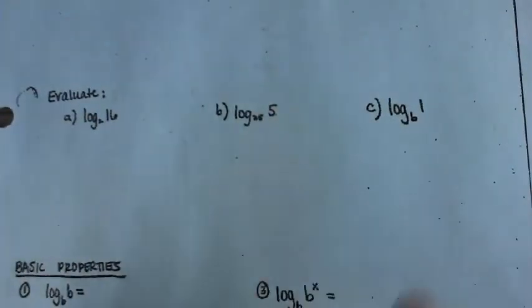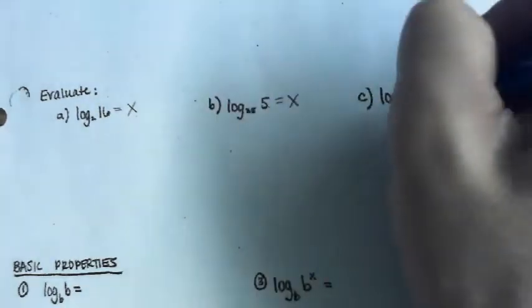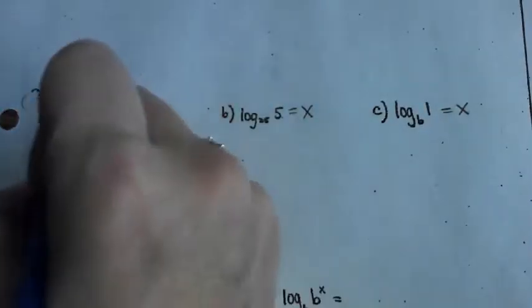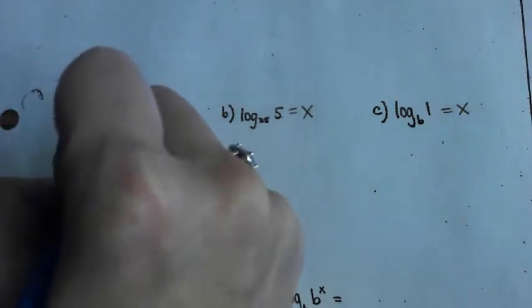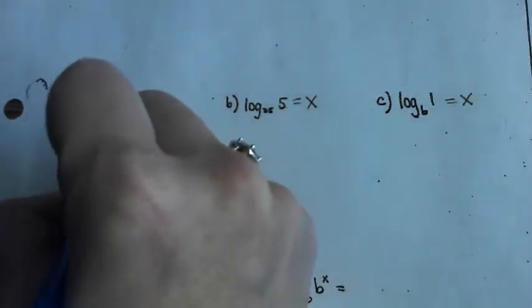Okay. Now we're evaluating all of these, which essentially means, what does it equal? And I like to say it equals x, because then I can just translate. 2 to the x equals 16, and you should be able to tell me that x is what, Bailey? 4.